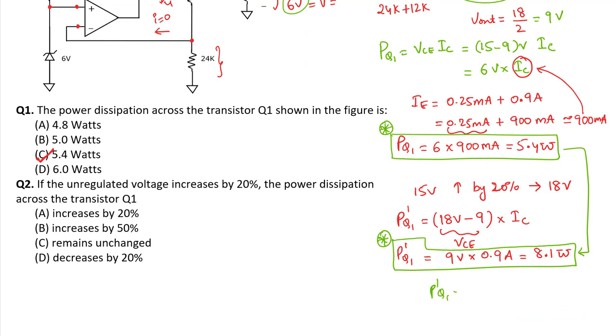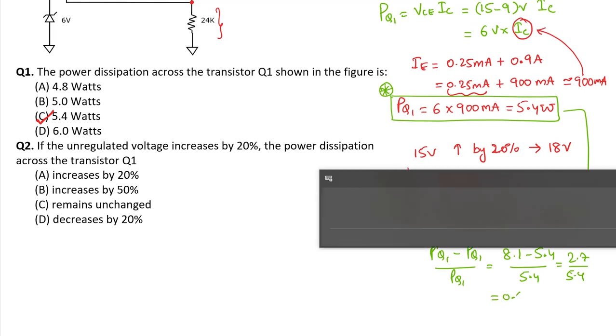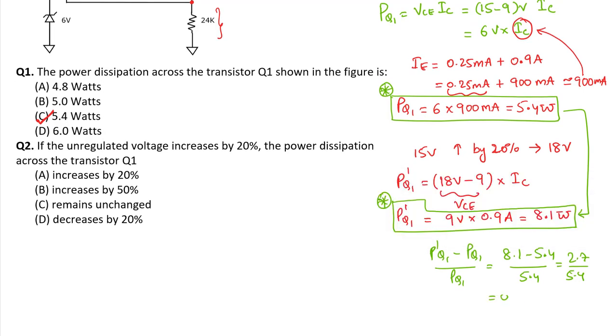The new PQ1 minus the old PQ1, divided by the old PQ1, will tell us how much it has increased. 8.1 minus 5.4 divided by 5.4, which is 2.7 by 5.4. This will be equal to 0.5. In terms of percentage, it is 50%. We can see here there is a 50% increase in the power dissipation across the transistor Q1.